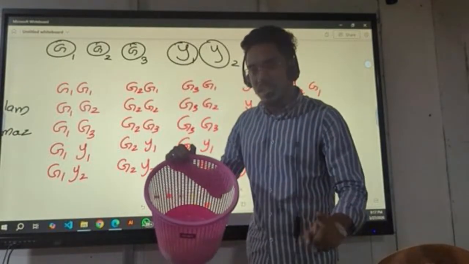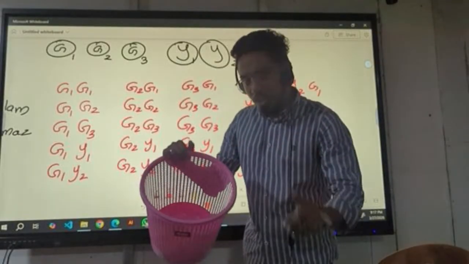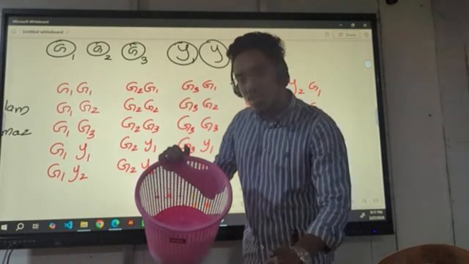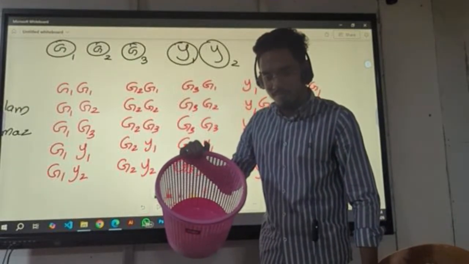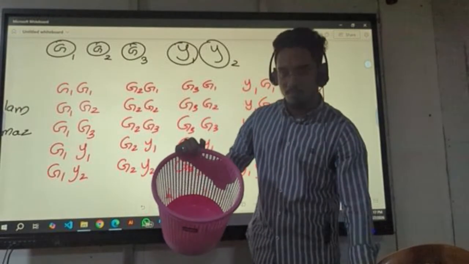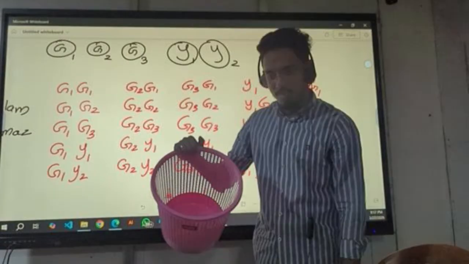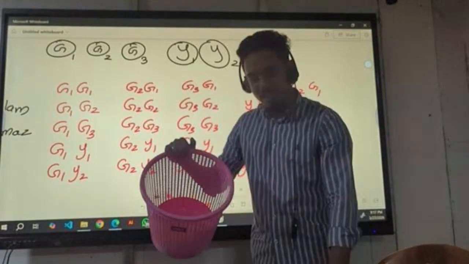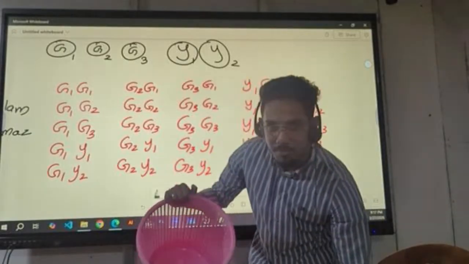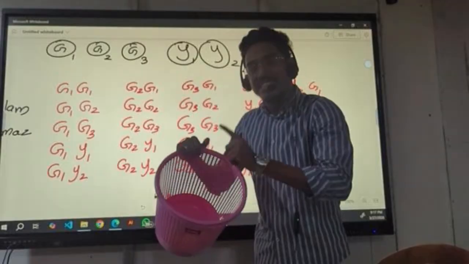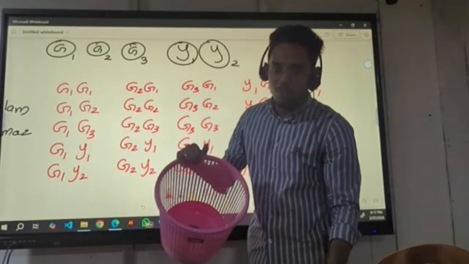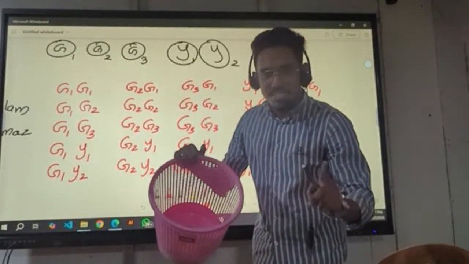Is it possible for him also to get the same G1 ball? Yes or no? No, right? But it's possible for him to take G2, G3, or Y1, Y2. Is that point clear?